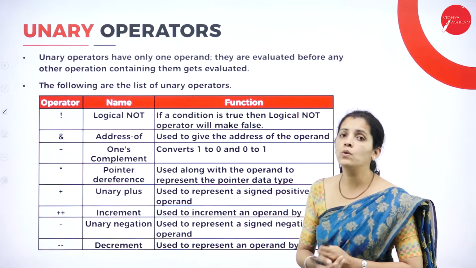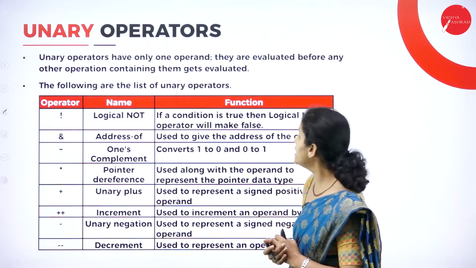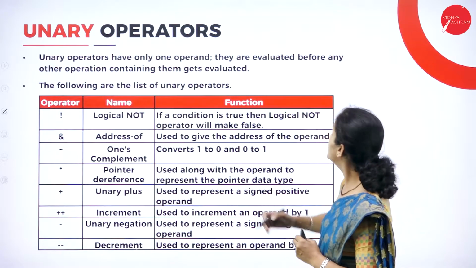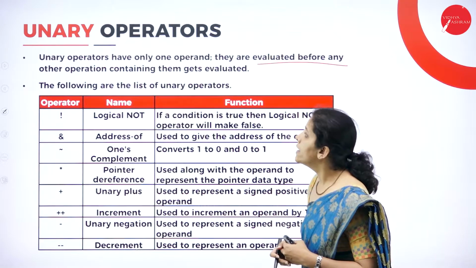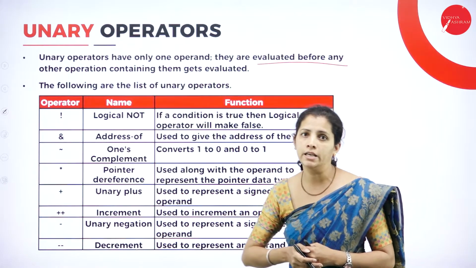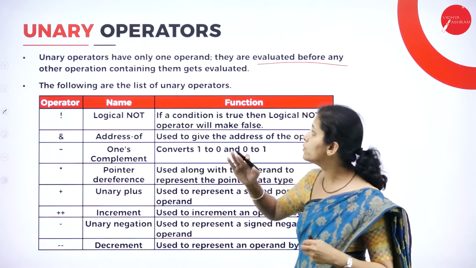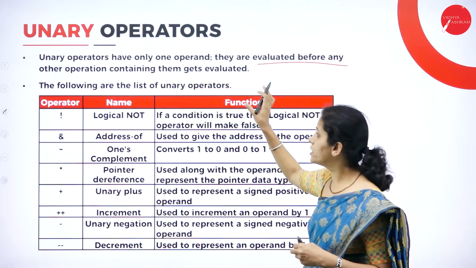When I'm having only one operand, then it is termed as unary operator, and they are evaluated before any other operation containing them gets evaluated. That means at the beginning itself, I'm going to perform the operations.